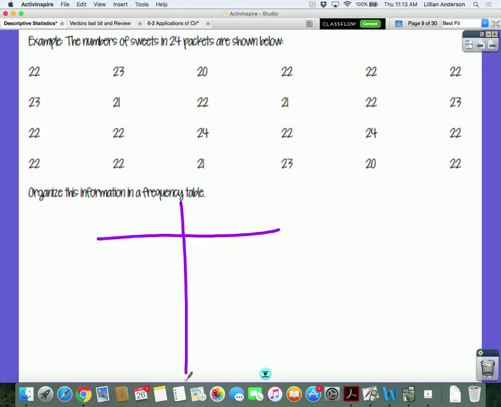Literally, a table, okay? We have the number of sweets that actually show up in each one of the 24 packets, and then we actually have the frequency. Okay, frequency basically means how often these particular numbers show up, okay? So out of these 24 packets, how many sweets do we have in these packets?